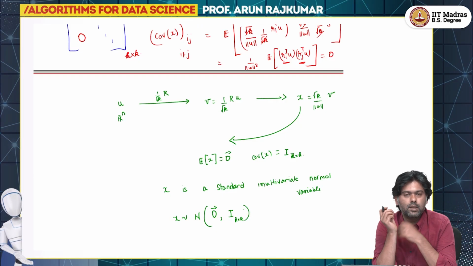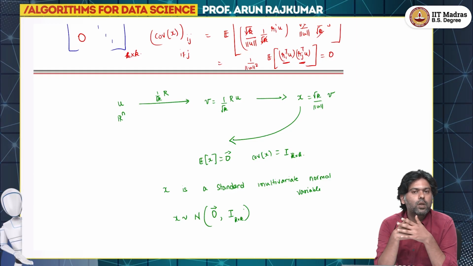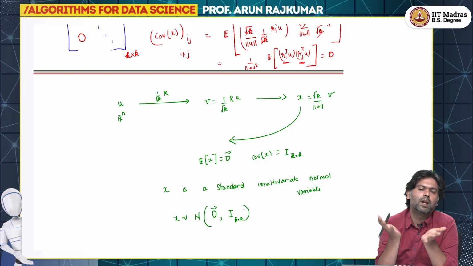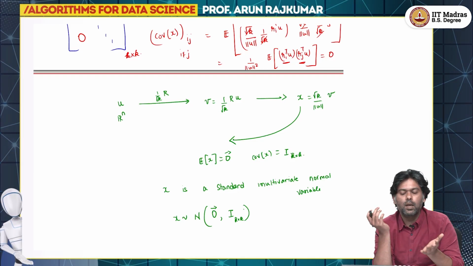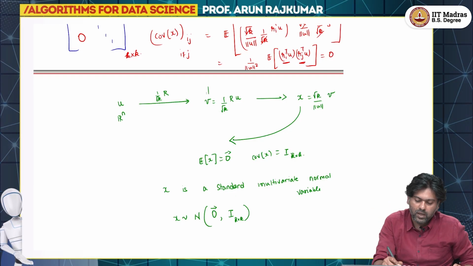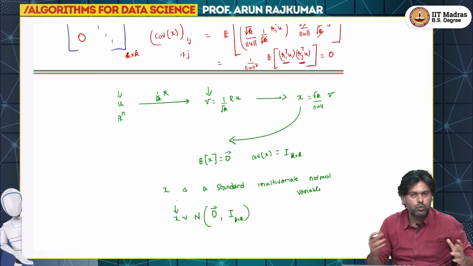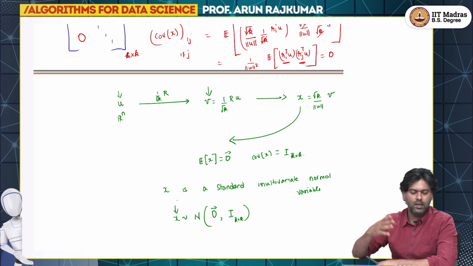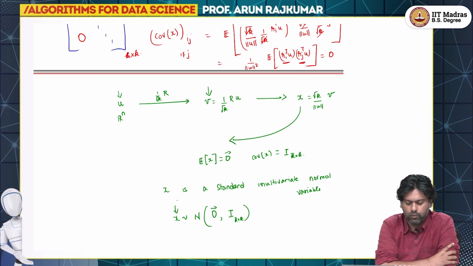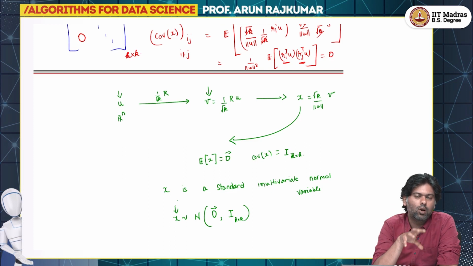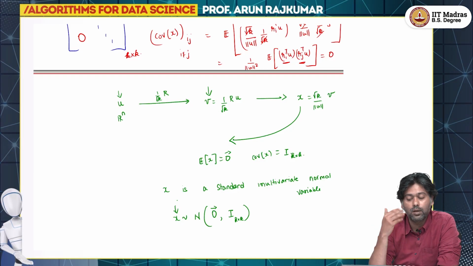The reason why this is interesting is because we know a lot of properties about standard multivariate normal variables, as opposed to properties about v or u. We have much more control over x. Of course, v is just a scaled version of x, but still it is easy to talk in terms of standard normal variables, and that is why we are using x, for no other reason, because later we will use some properties of multivariate normal variables to do our analysis, to get a hold on the probability that we care about, and so talking in terms of x is easier than in terms of v and u.